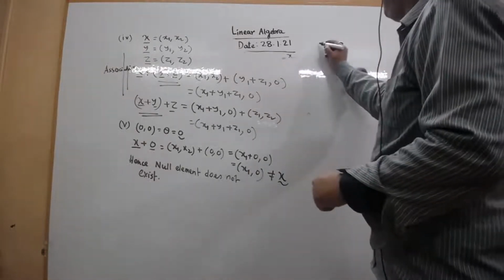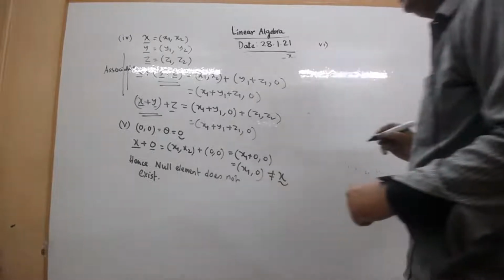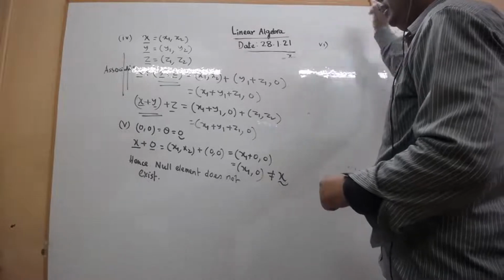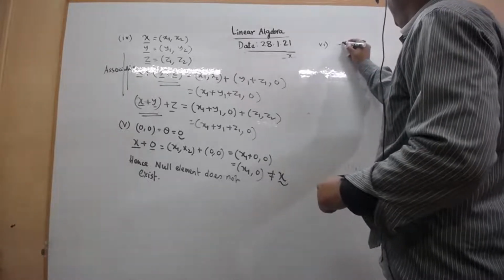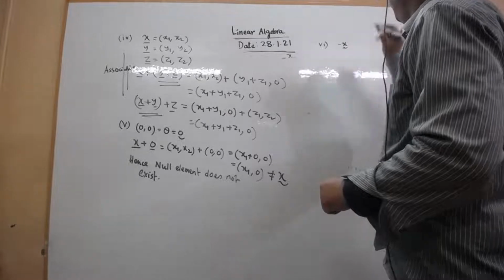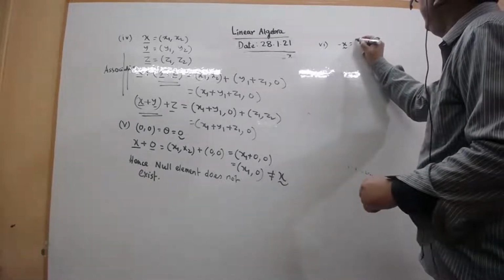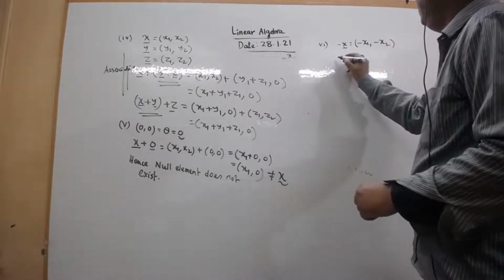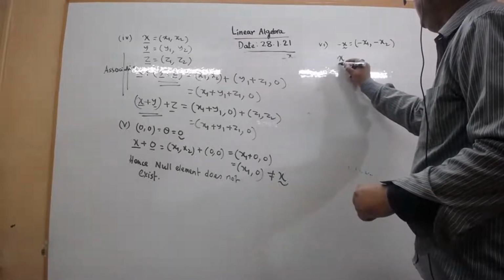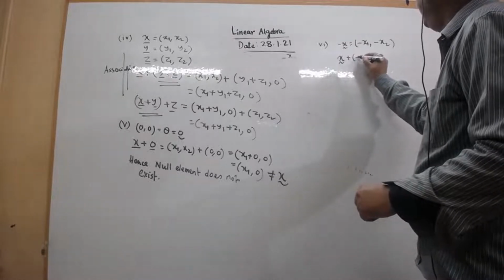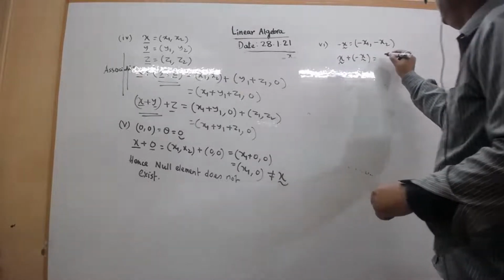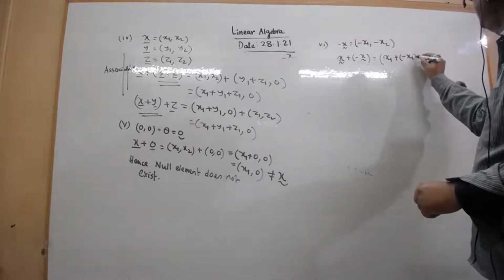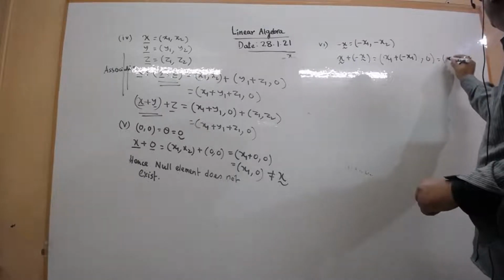Next, the inverse. If you take the inverse of x curl as minus x curl, which I write as (minus x1, minus x2), then x curl plus minus x curl is (x1 plus minus x1, 0), so (0, 0).